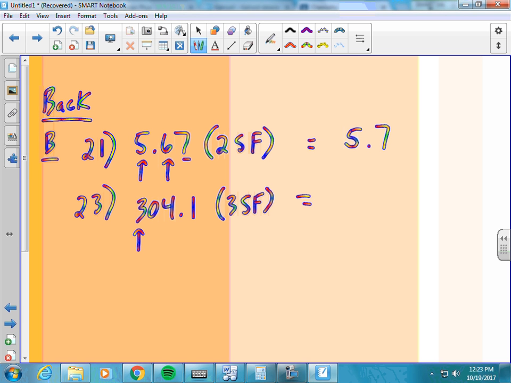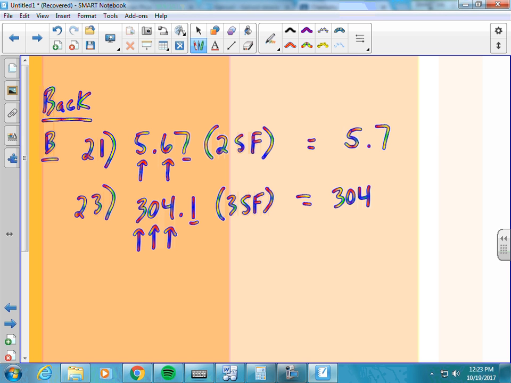Is this 0 significant? Middle 0 always counts. The 4? There's my third one. So I'm going to round off at the 4. I'm going to either round this off to 304 or 305. What do I round it off to? 304. Why? The next digit is 4 or less, so keep it there. Don't round up.